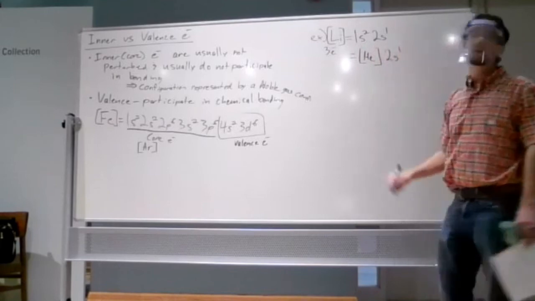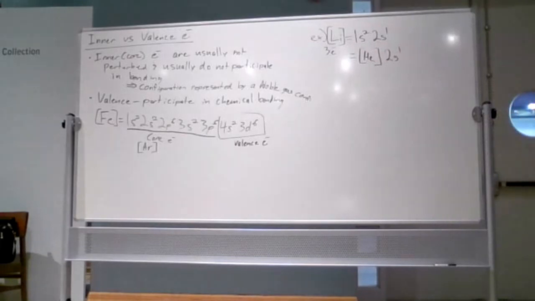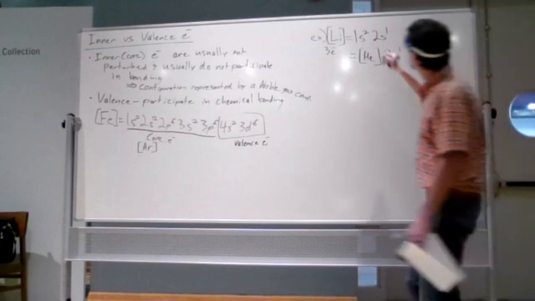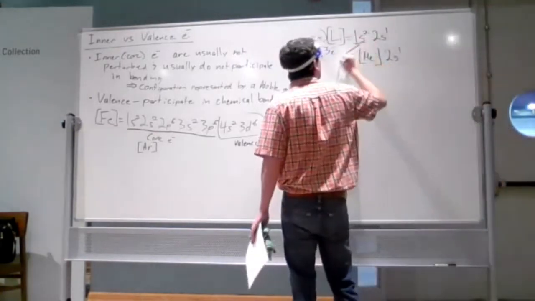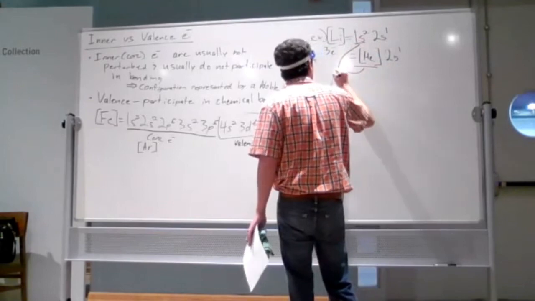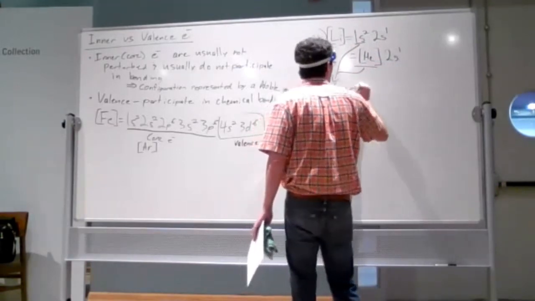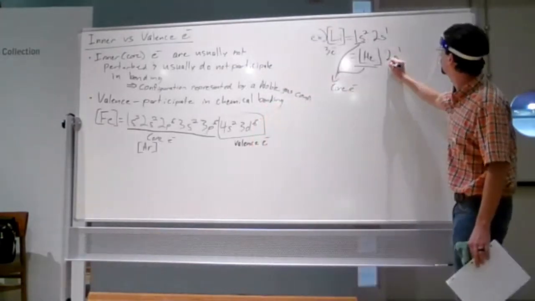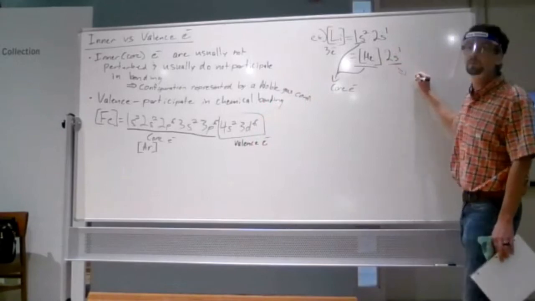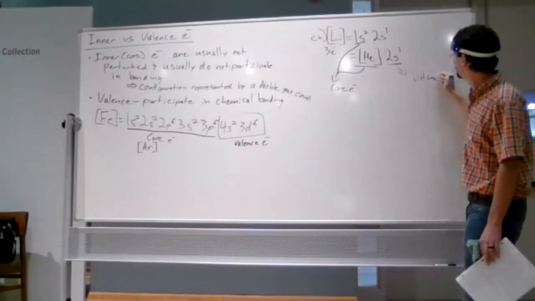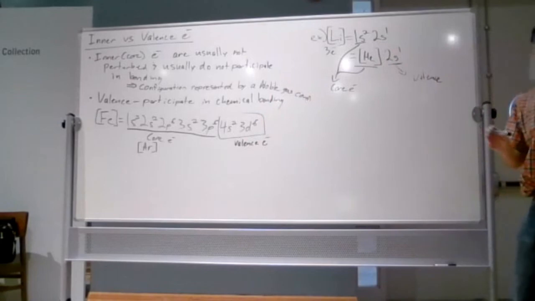Yep. What orbitals are considered to have the core electrons? Yep. So those are the core electrons, leaving that 2s1 to be the valence, right? Make sense?